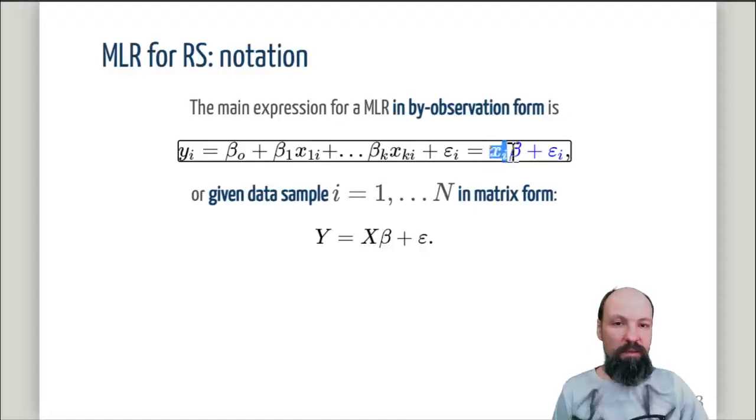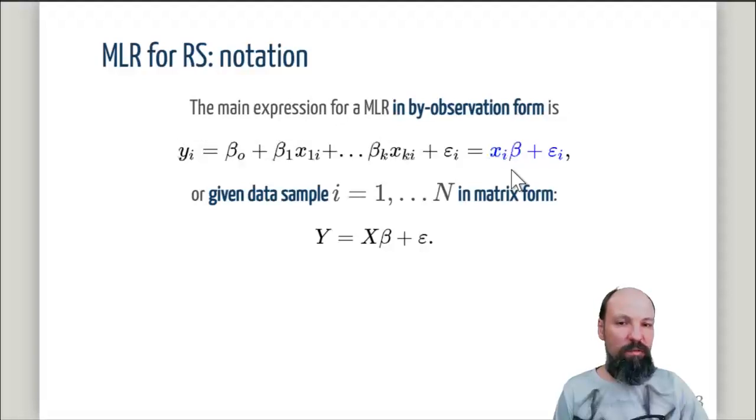And this is the vector product, which is the summation of the products of elements of the vectors, plus the error term. Or in short, in the so-called matrix form, when we join them not only horizontally but also vertically, each observation is put on top of each other, and you receive a vector of dependent variables, or left-hand side variables, for all the observations.